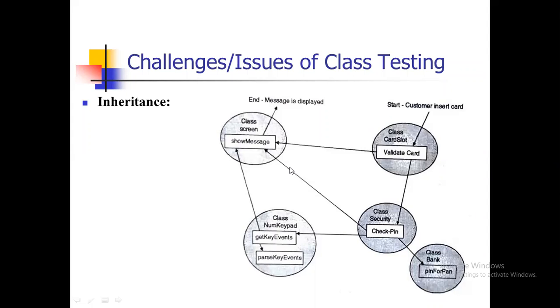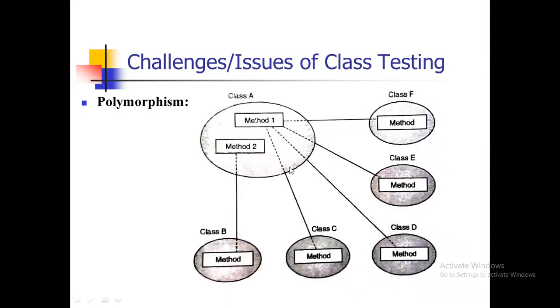Then the next one is polymorphism. In class testing with polymorphism, each child class requires retesting, because some methods in them may be implemented differently under polymorphism.